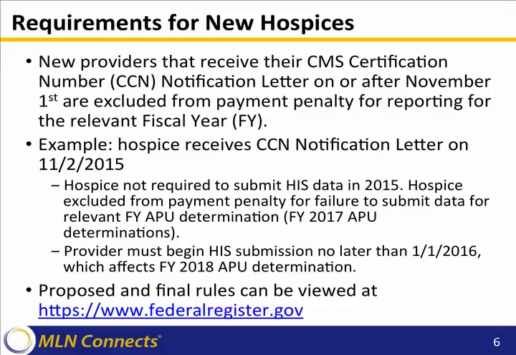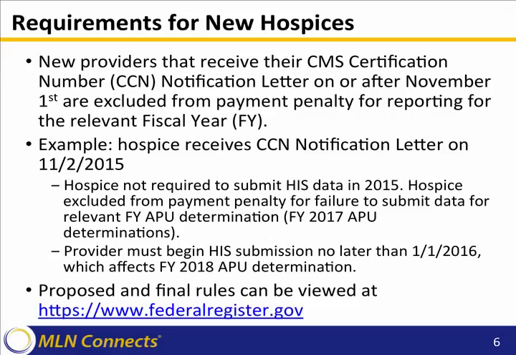In the fiscal year 2015 Hospice Wage Index and Payment Rate Update Final Rule, CMS finalized that any hospice that receives its CCN notification letter on or after November 1 is excluded from any payment penalty for quality reporting purposes for the APU determinations for that particular reporting year cycle.